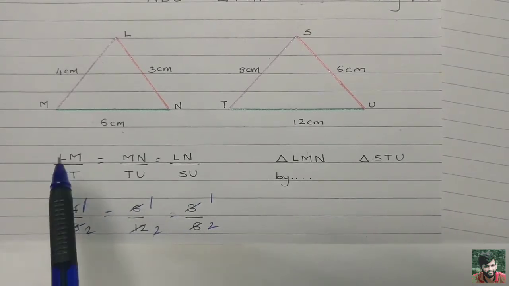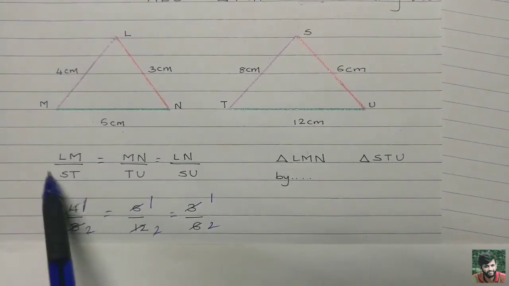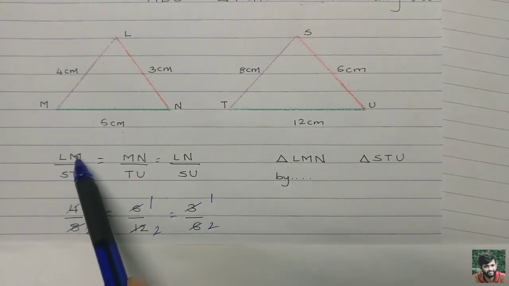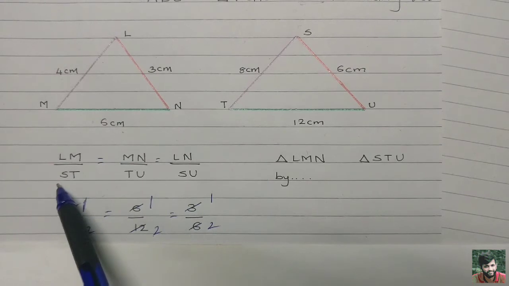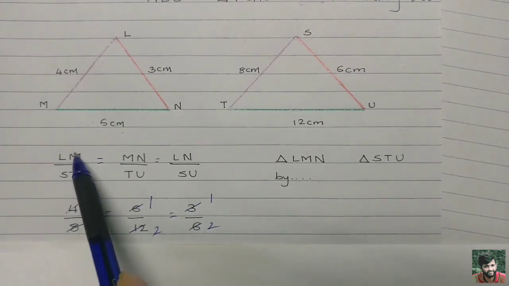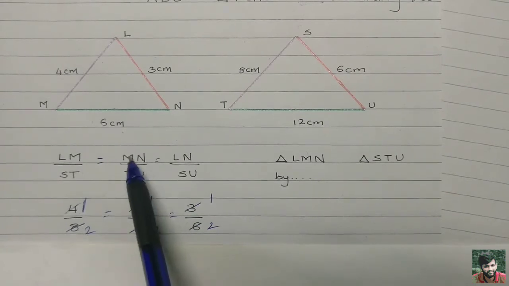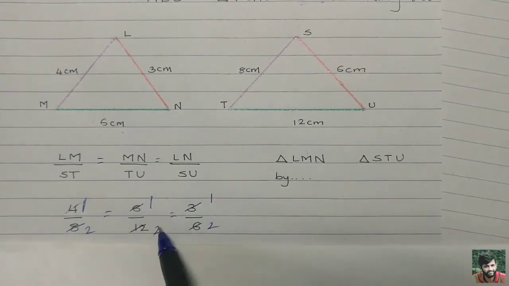Now, this will be called a ratio, because one of the forms of writing a ratio is numerator upon denominator. So here LN upon SU is 1 upon 2 and MN upon TU is also 1 upon 2.